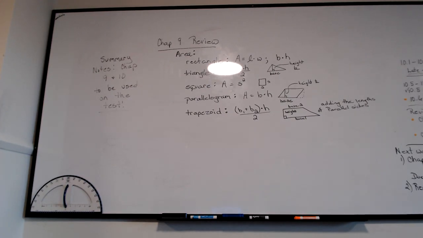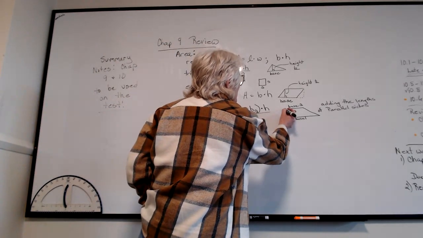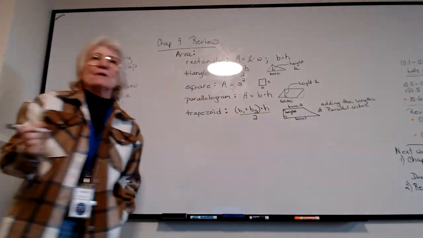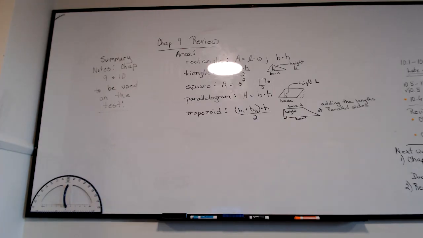And then you have to have the height, which is, again, it has to form a right angle or a 90-degree angle with one of the bases, or with both of the bases actually. So when you're looking at this height, here it needs to form a right angle with both bases. That's your height. Okay.